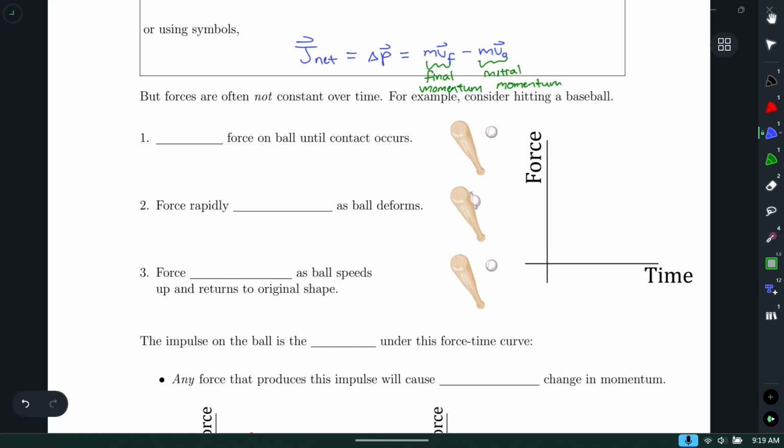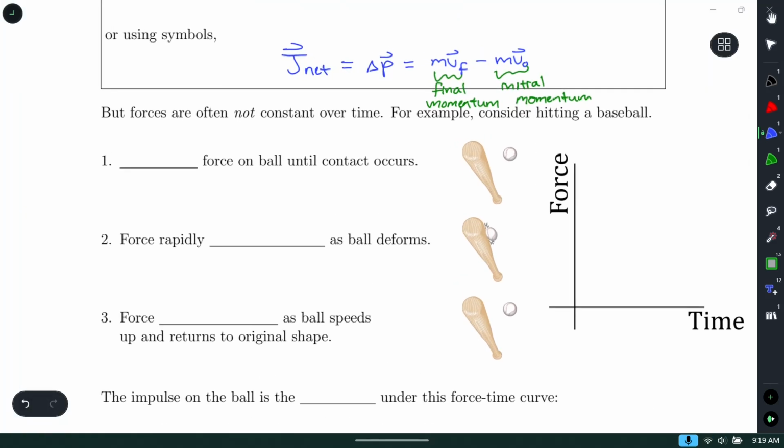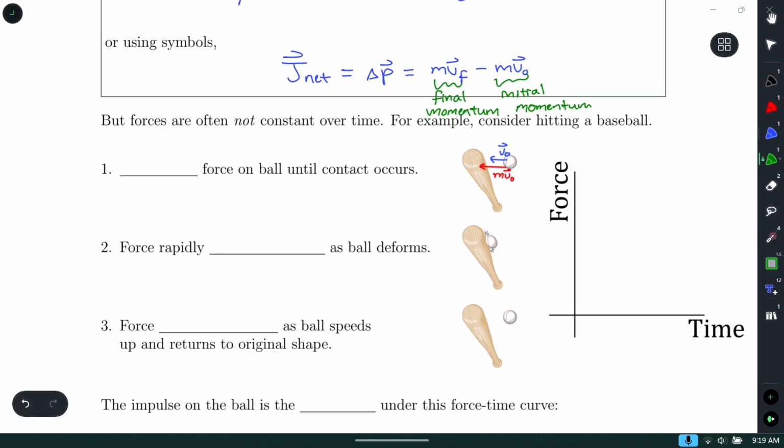Similar for most impacts. So, say we've got something coming in with an initial velocity, could be a baseball. Has some initial velocity, and therefore some initial momentum to it. During the impact, it will feel some force.